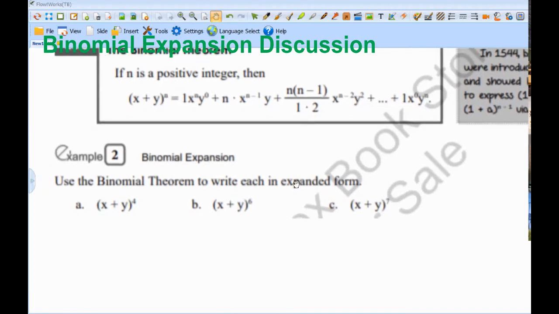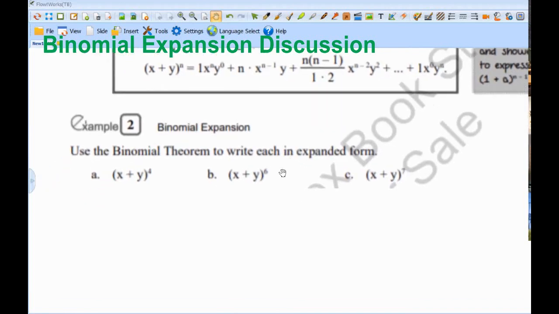So let us try to answer number 2, example letter A. Let us start with the first one. We have 1 x raised to n. What's the value of n? It is 4. So n is 4.